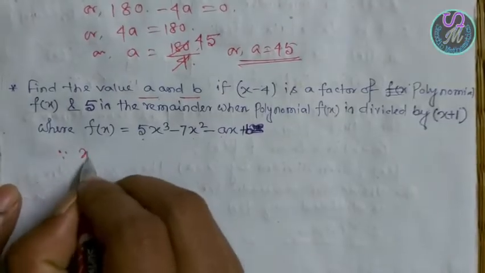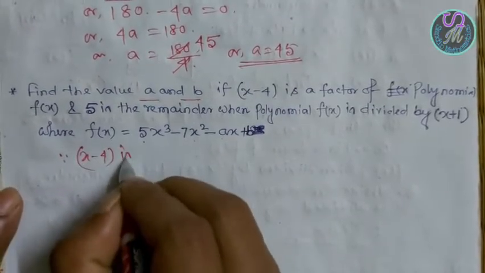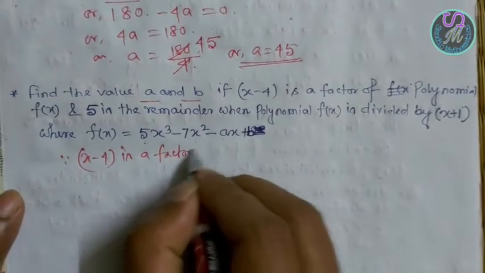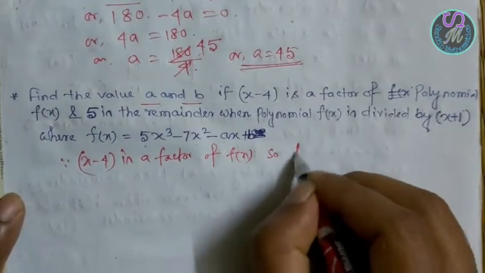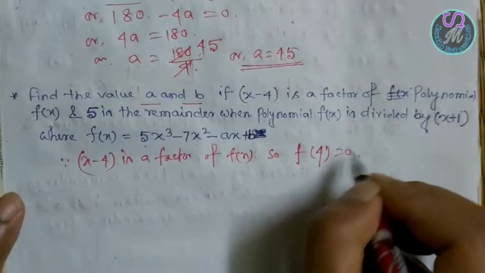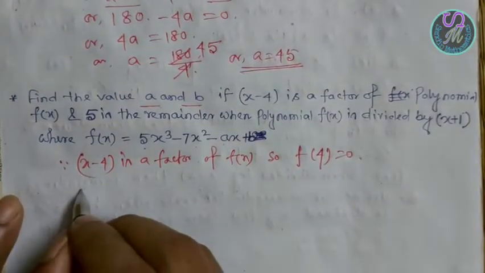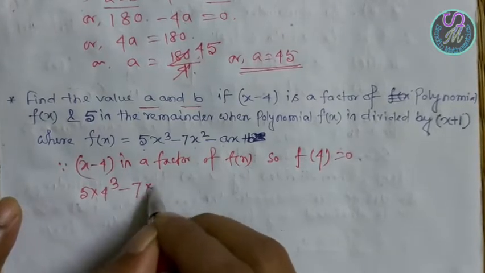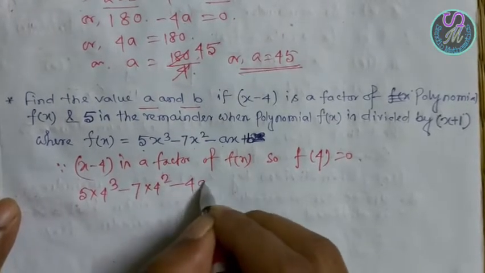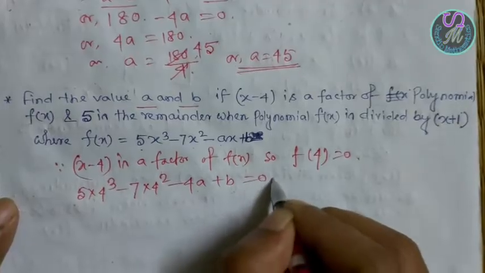Since x minus 4 is a factor of fx, so f of 4 must be equal to 0, and the polynomial is given, so that means 5 into 4 cube minus 7 into 4 square minus 4a plus b, this one is equal to 0.